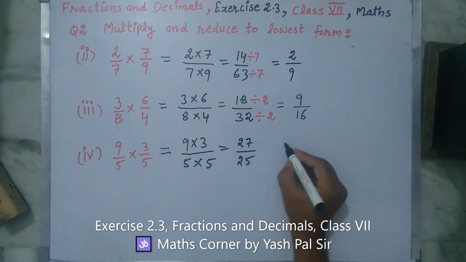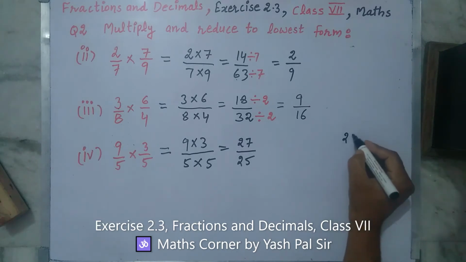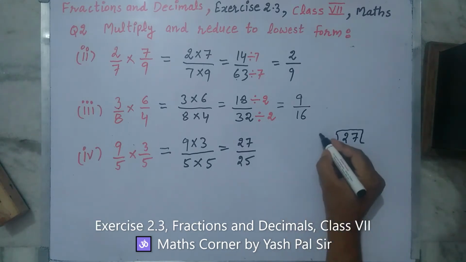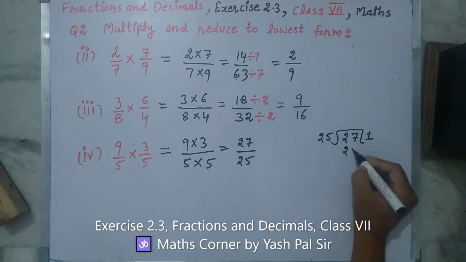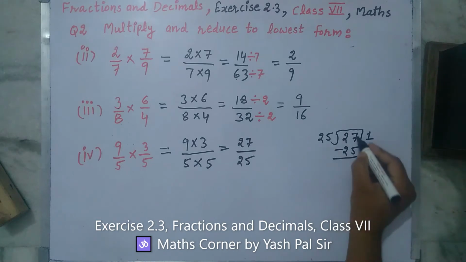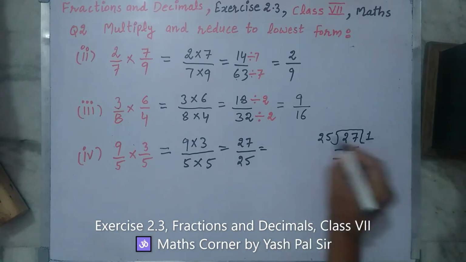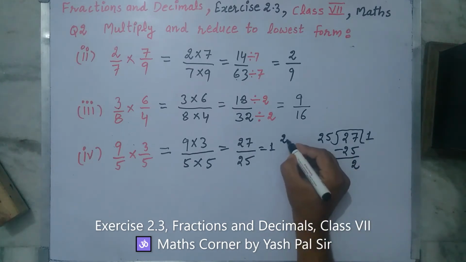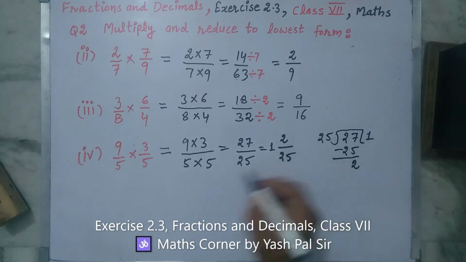Again we see, because the numerator is greater, so we have to divide 27 by 25. So 25 ones are 25, 27 minus 25, 2. So the answer is quotient, which is 1, remainder is 2, divide 25.